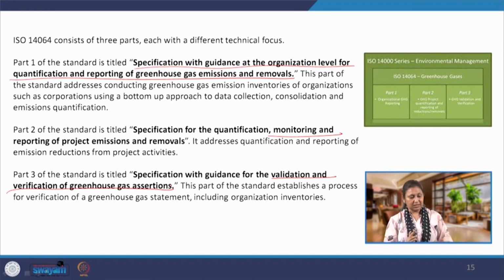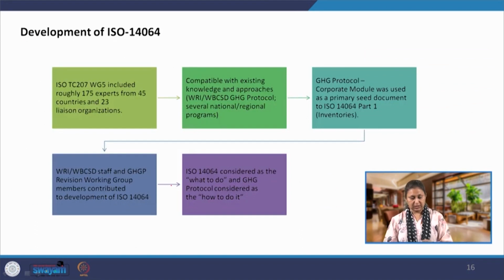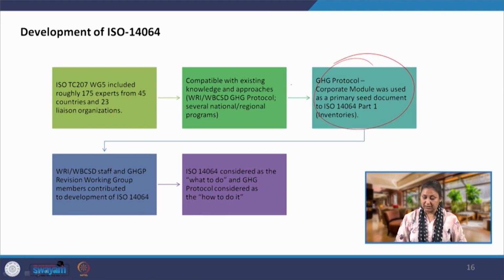So, these are the three standard parts of 14064, which is dealing with greenhouse gases. If we look at the development of 14064, we have to clearly understand that the greenhouse gas protocol corporate standard was used as the primary seed document to ISO 14064 part 1, which is actually dealing with inventories.